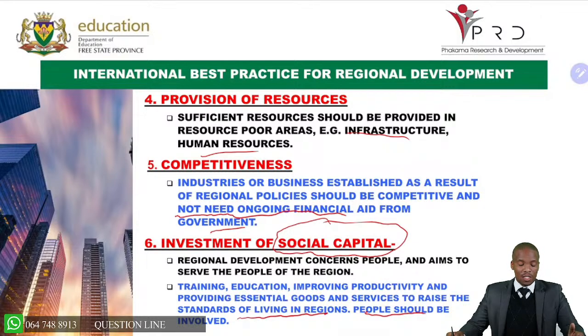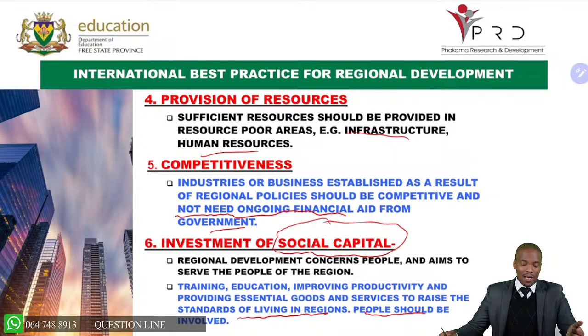Then we also mentioned the issue of integration, where we mentioned that there should be a spillover of those industries. Number 4 now, we are mentioning the provisioning of resources in those particular regions for them to be developed. Because argument will be, we are under-resourced, and there is lack of development. But now we are also saying, let there be competitiveness, where these industries that are established should be self-sustaining.